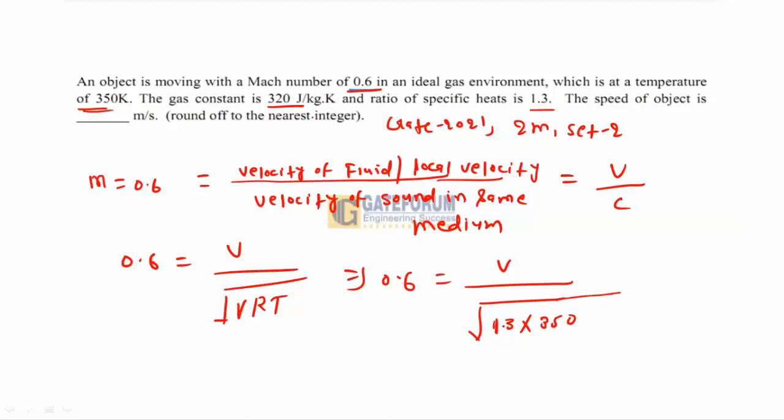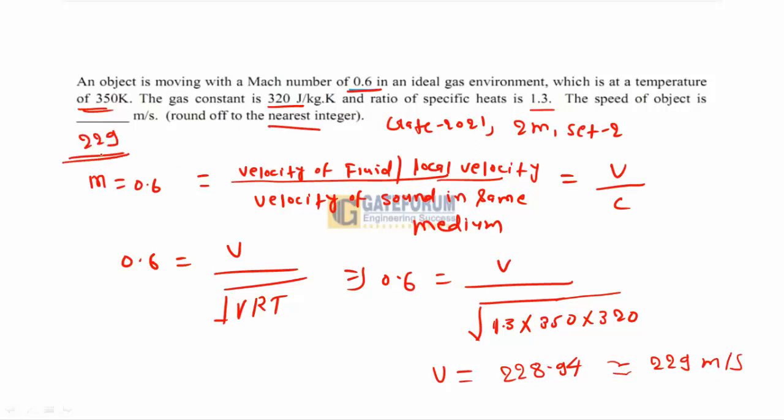Temperature is 350. By this you will get the value of V, and you will get V as 228.94, or we can say very close to 229 meter per second. So what do we have to put? Round off to the nearest integer. So you can write 229 meter per second.